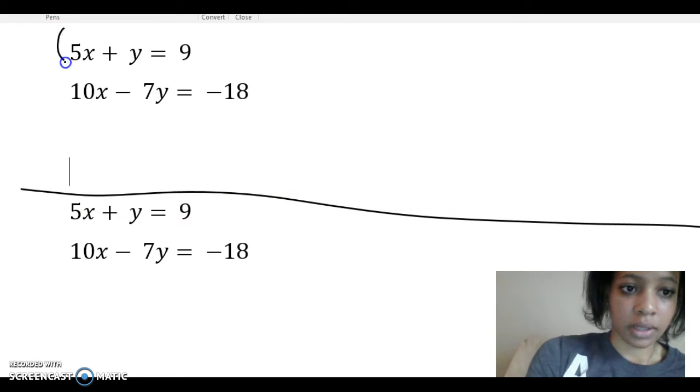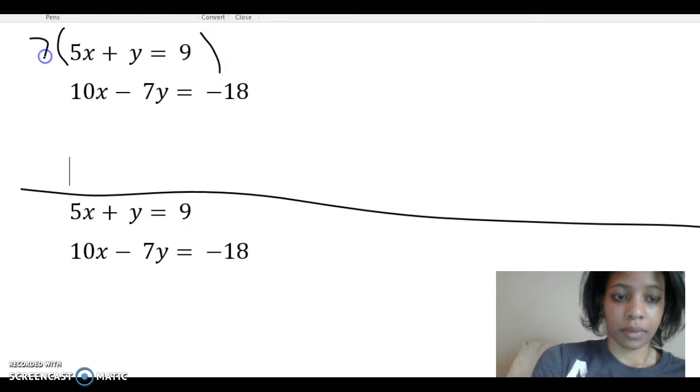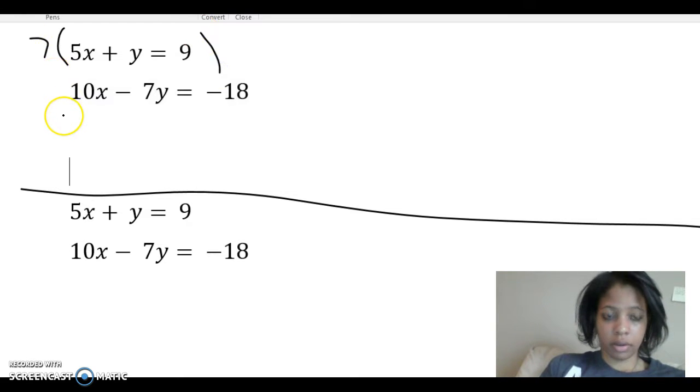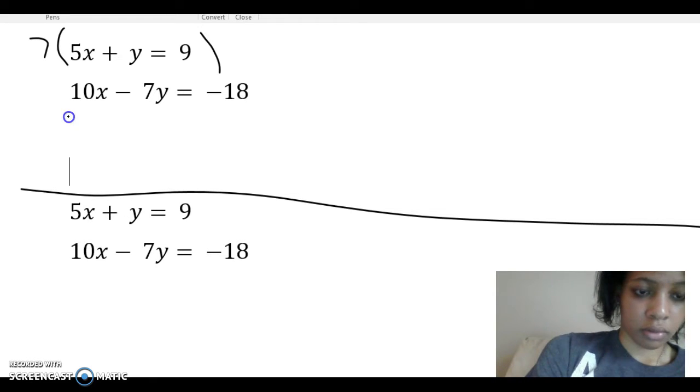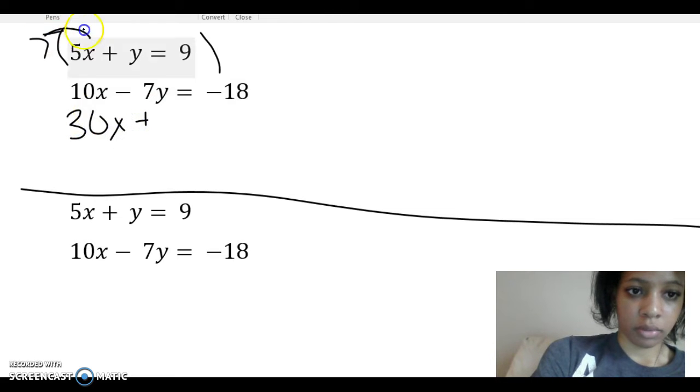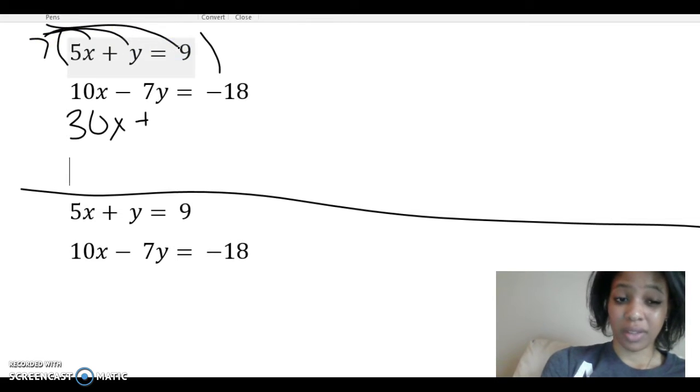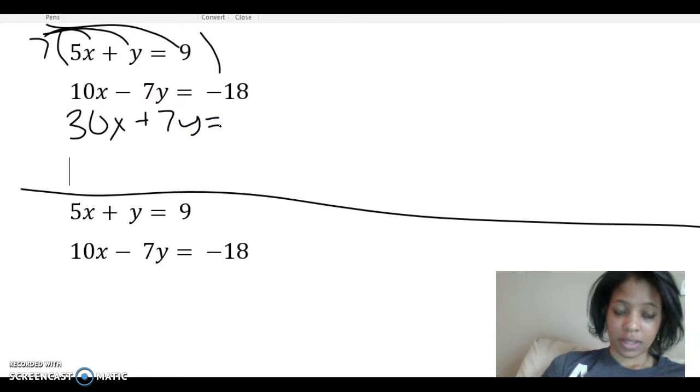So I'm multiplying this top equation by 7, and I'm going to rewrite it under here. So 5 times 7 is 35, 35x plus, oh yeah, don't forget we're distributing here. So 7 times, pretend it's like a 1 in front of that y, so 7 times 1 is 7y equals 7 times 9 is 63.